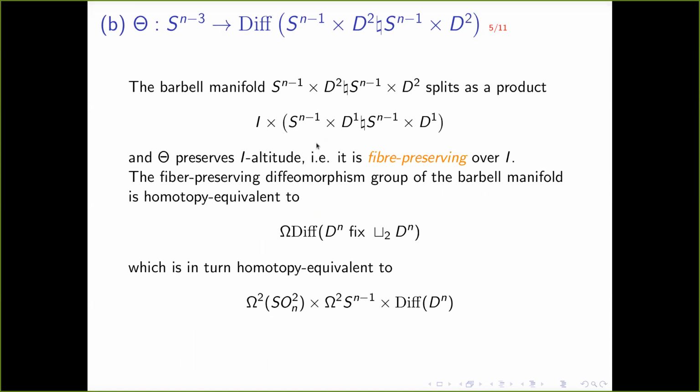So theta is fiber preserving, and the fiber preserving diffeomorphism group of the barbell is the loop space of the diffeomorphism group of D^n fixing two disjoint subdisks.